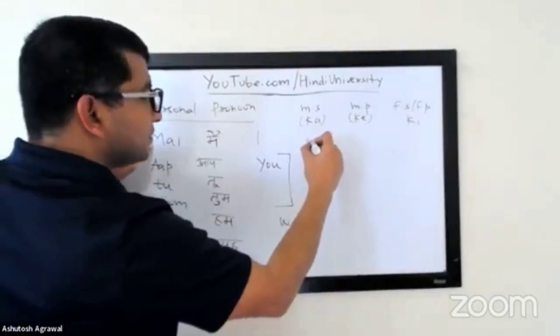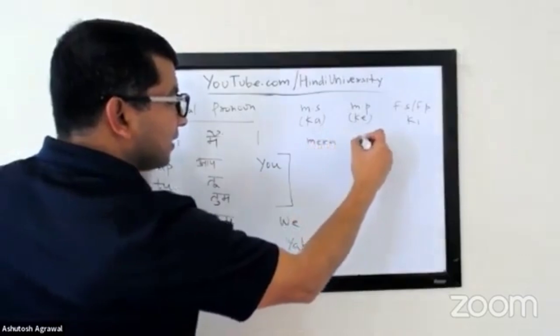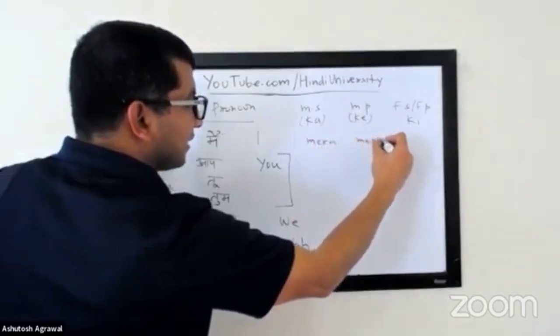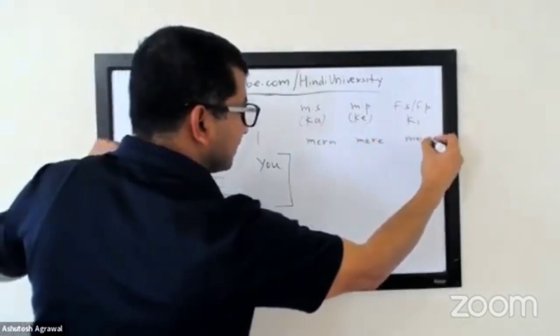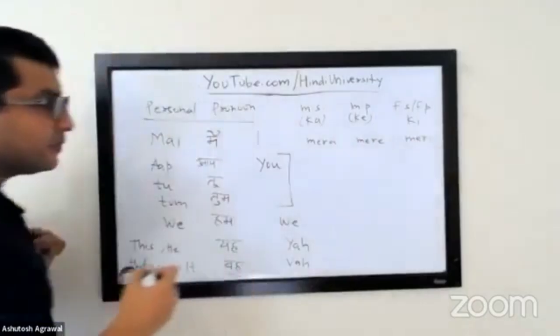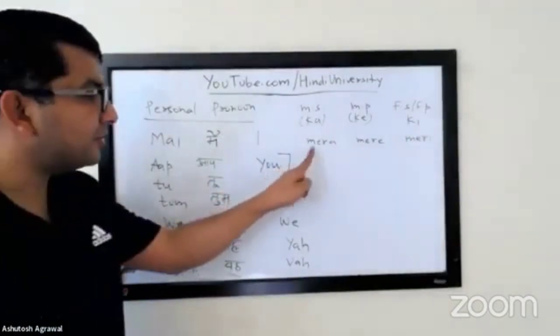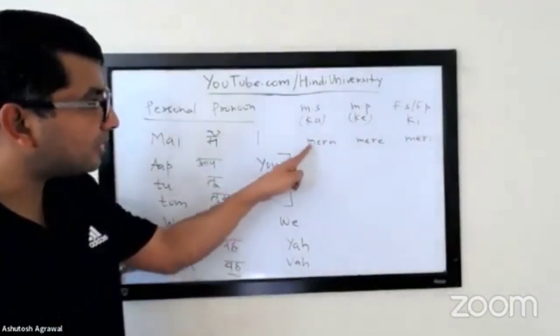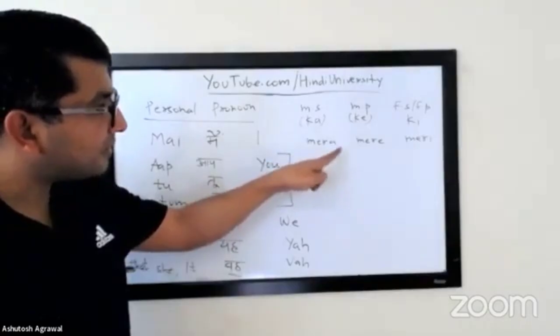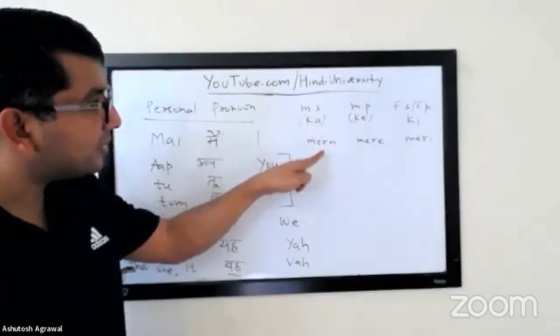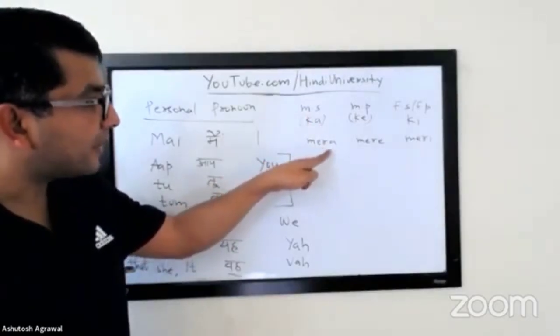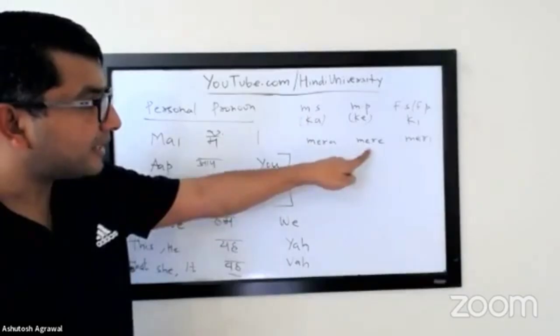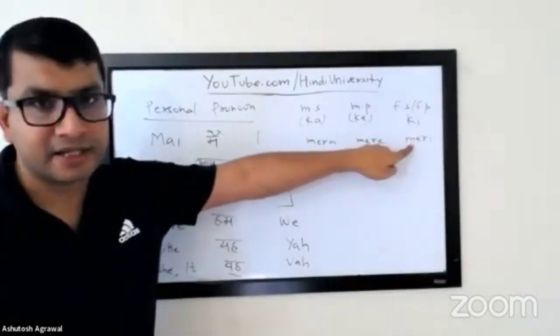So मैं becomes मेरा, मेरे, and मेरी. Throughout the class we will practice it, but I want you to remember it. I want all of you to think about what comes after mera. If it is masculine singular, you will use mera. So mera bhai, mere bhai, meri sister, or meri behne.